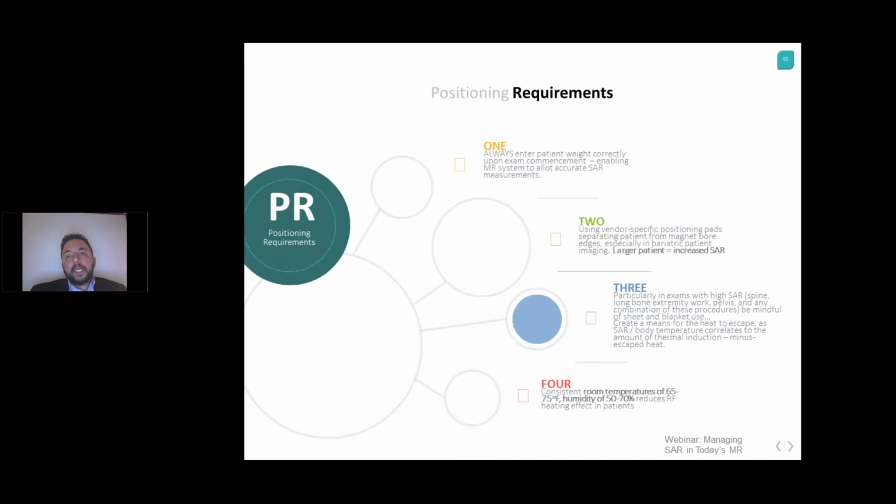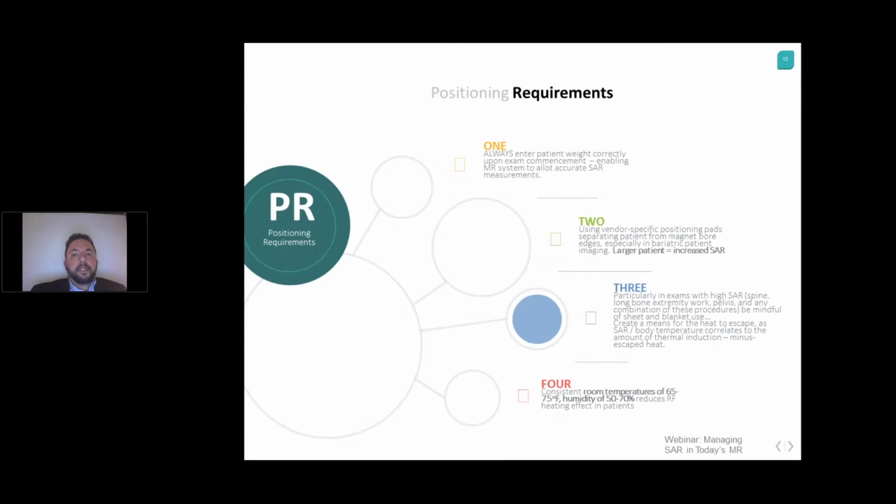Other ways that we can position better: using vendor-specific positioning pads, separating the patient from the magnet bore edges, especially in the bariatric patient population. Larger patient always equals increased SAR. So use the bore pads or vendor-specific positioning pads to create a separation between patient and the magnet bore.